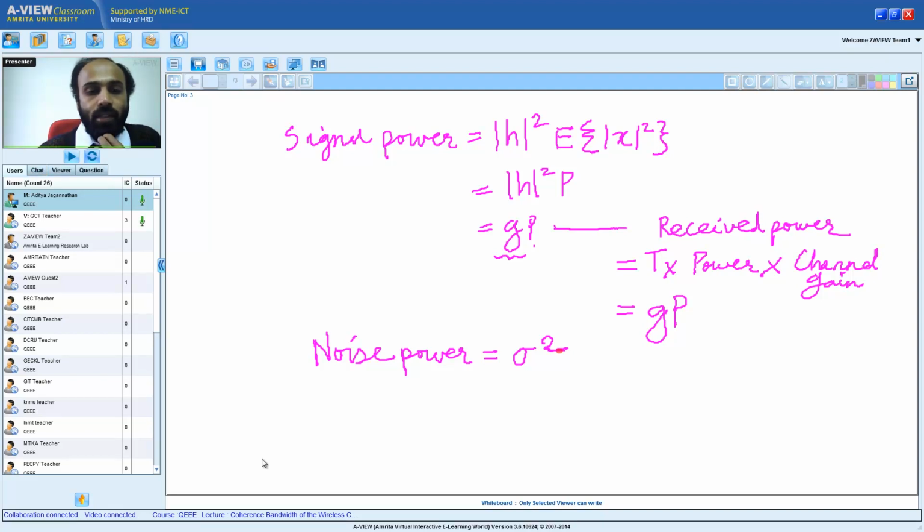Right, so we say that the system is in a deep fade when there is a fading channel and the received signal quality is so poor that communication is not possible. And when does this happen? This happens when the received signal power is below or comparable to the noise threshold. The noise threshold is sigma squared, and the received signal power is G times P.